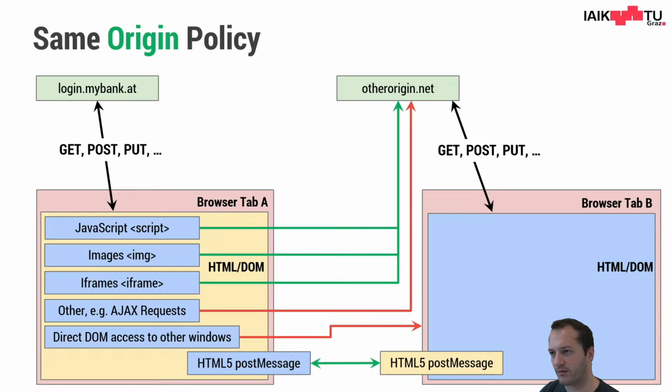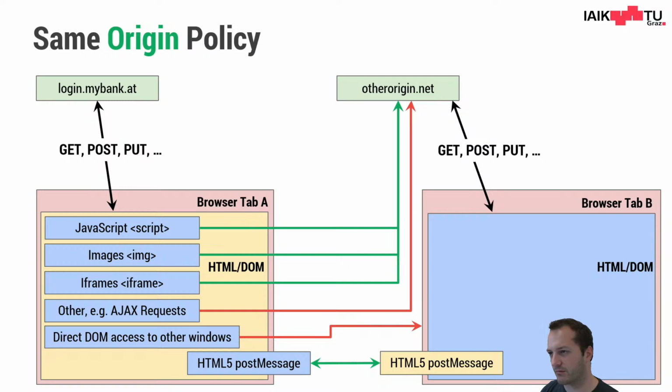So for that reason, the same origin policy doesn't affect loading all the resources. Some types of resources you can load are just exempt, so the same origin policy does not apply to them.